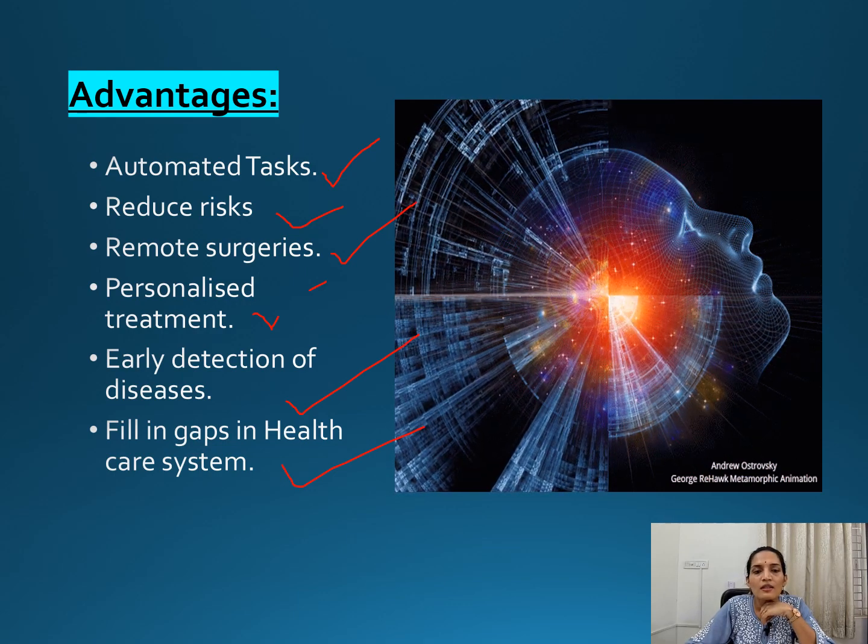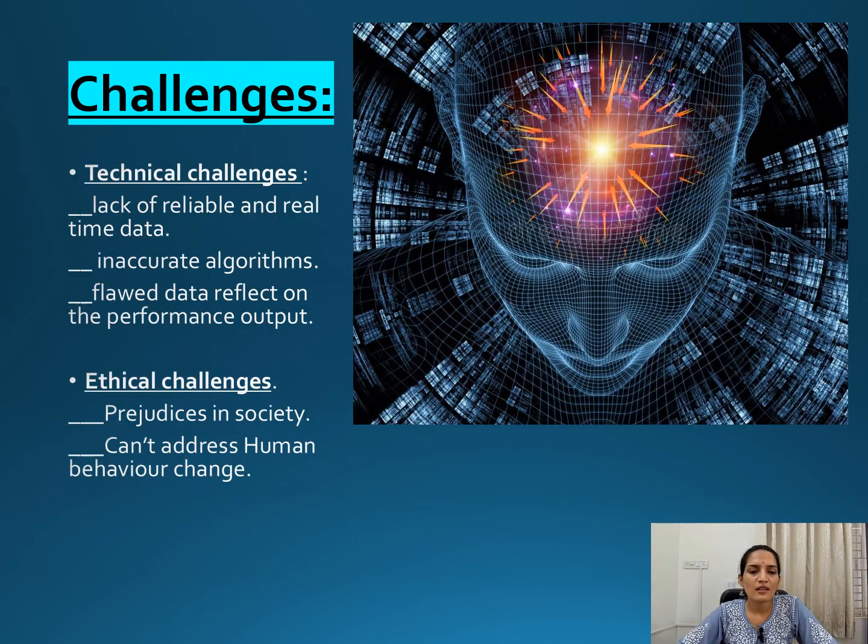And coming to the challenges, after all, machine learning is about the input of algorithms and the input of data that we are giving to a machine in order to get some tasks done by the machine. So what if the algorithm is given wrong? For example, a machine is fed with an algorithm in order to identify a specific disease.